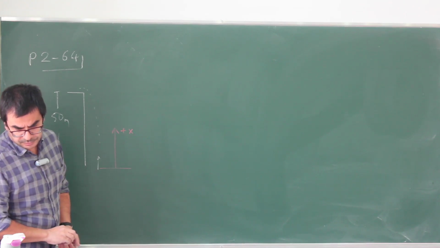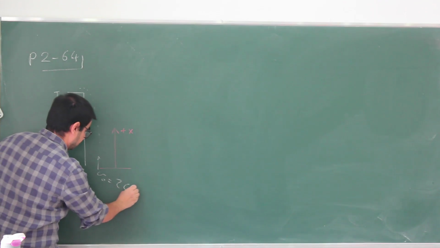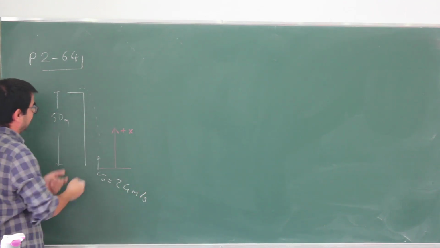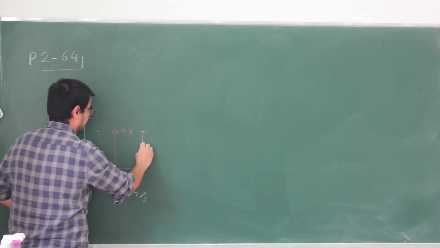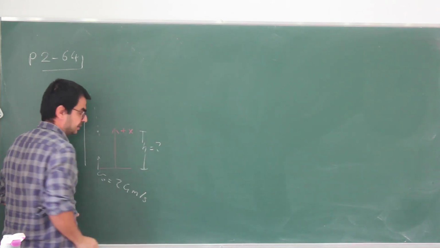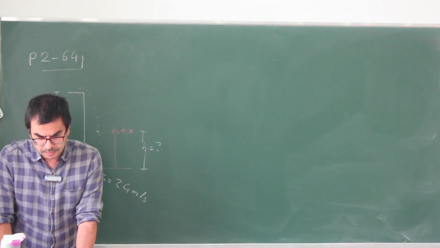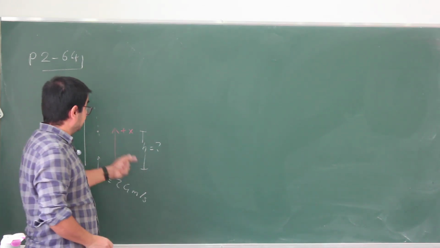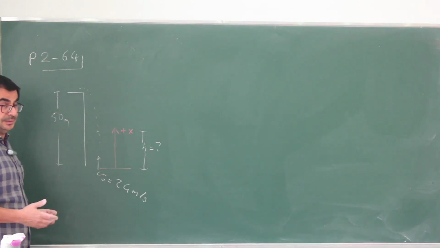The first one is just dropped, the second one has v0 of 24 meters per second, and they collide somehow, and they're asking at the time of collision, what's the height? How far above the base of the cliff, right?